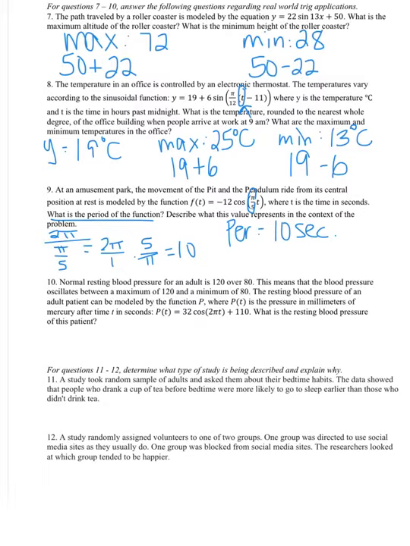I'm not going to write out the whole thing because then it would just take too long for the video. So just keep in mind, if you start at the bottom, if you start low, it takes 10 seconds for you to get back to the bottom again. You cannot just say it takes 10 seconds for it to make 1 revolution. You need to show that you know what 1 revolution would be in this specific example.